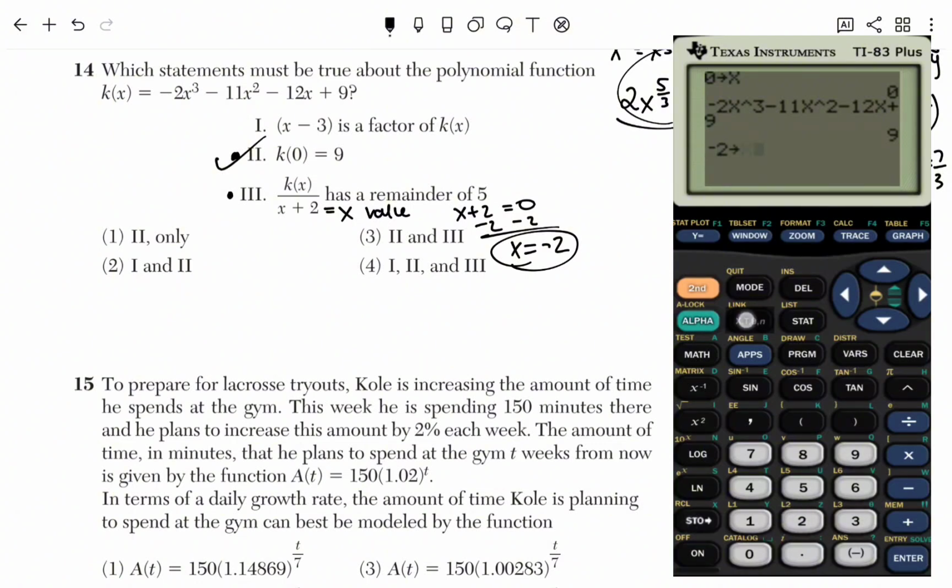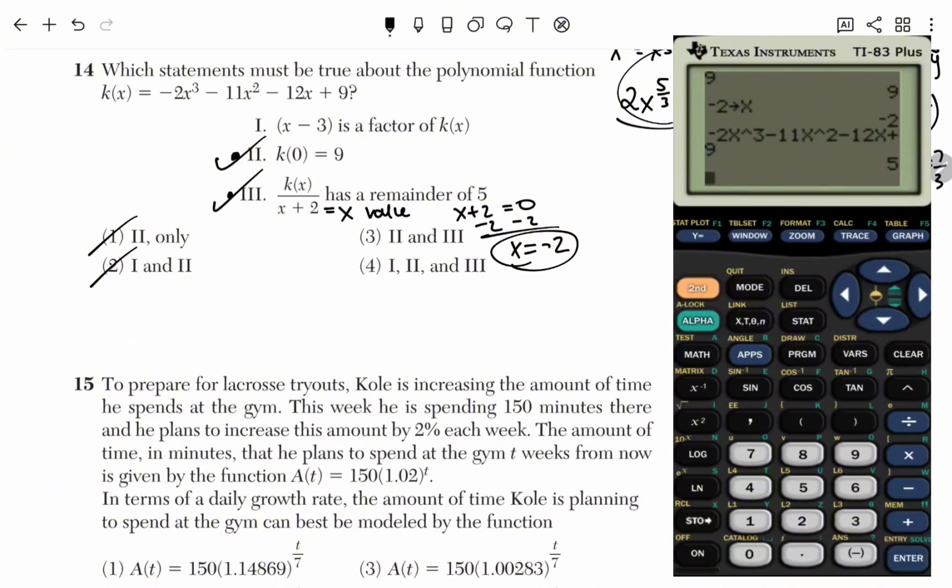And I'm going to rewrite my polynomial function, and I'm going to get an answer of 5. That means that this statement is also true. So I can eliminate answer choice 1 and 2.